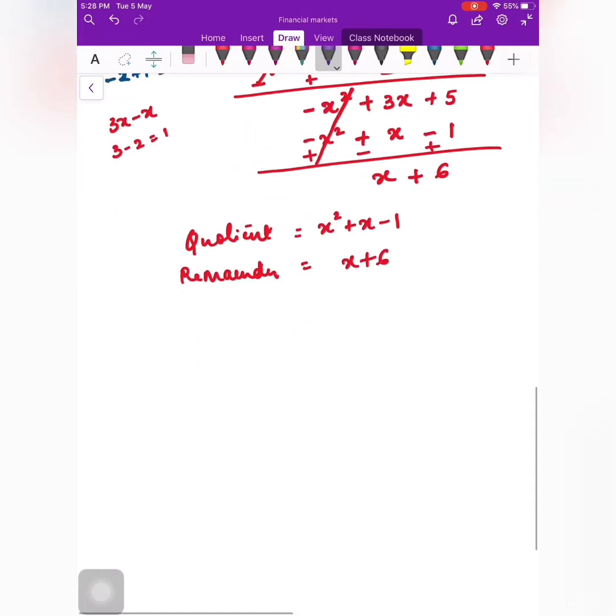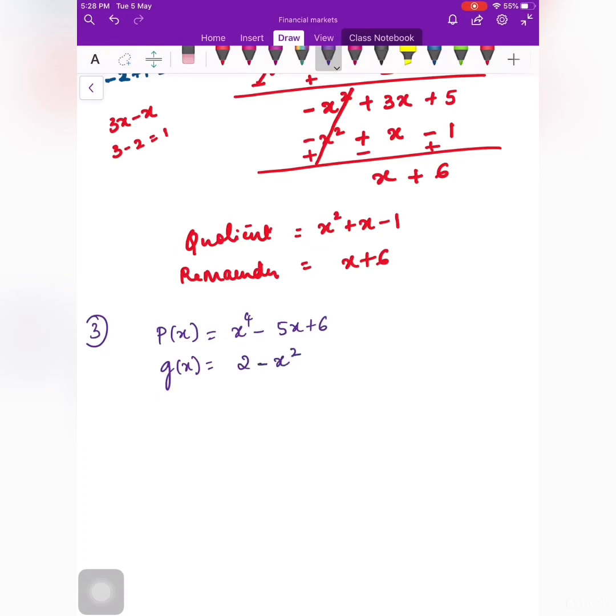So let me quickly copy down the third question. So it is p of x equals x raised to 4 minus 5x plus 6, and g of x is equal to 2 minus x square.